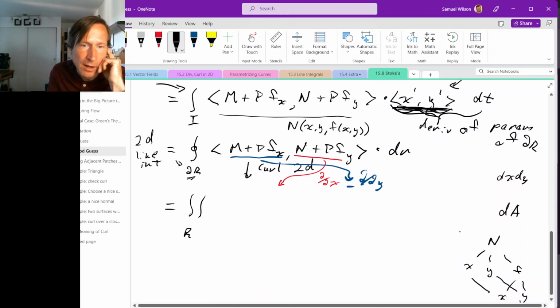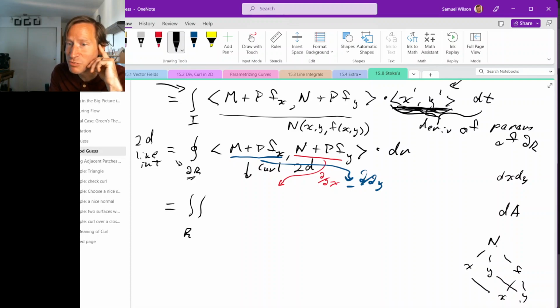So when we take the derivative of n with respect to x, there are two ways to get to the x down here. There's this one, which gives us the derivative of n with respect to x, times the derivative of x with respect to x, but that's one.